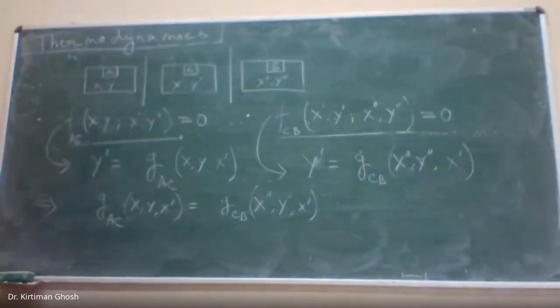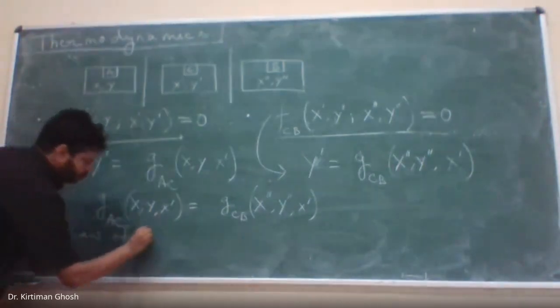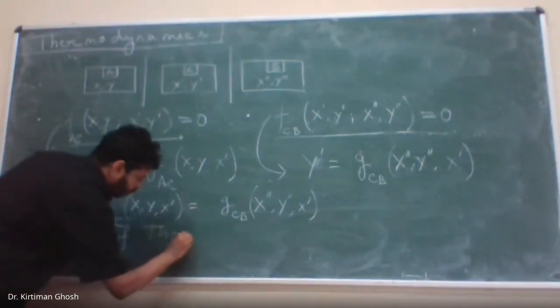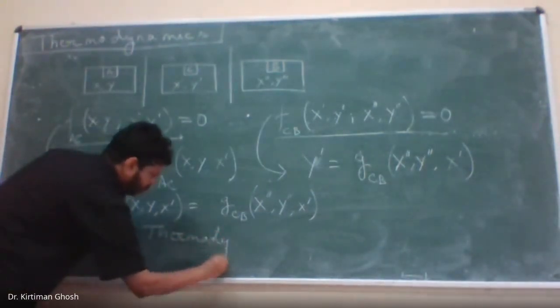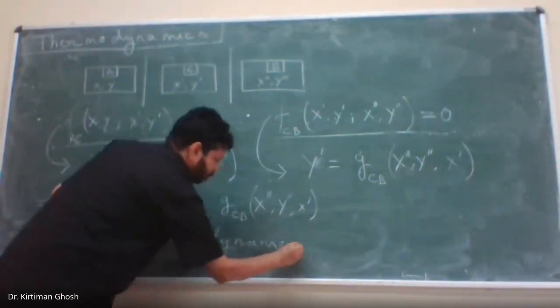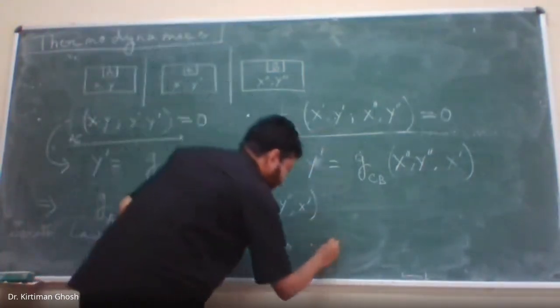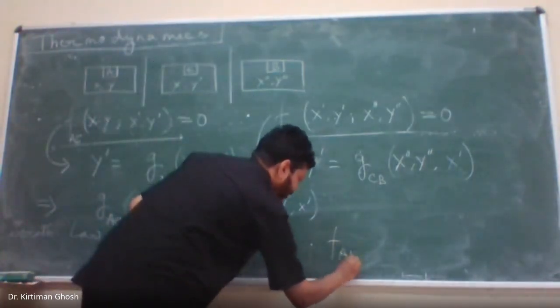So I can write from the zeroth law of thermodynamics another relation, which will be f of AB.